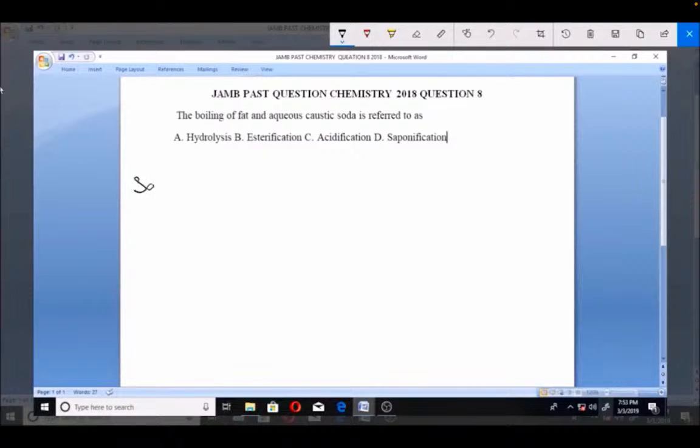So I'm going to state the definition of saponification. Saponification, very importantly, is the hydrolysis. You can see this topic in organic chemistry too.